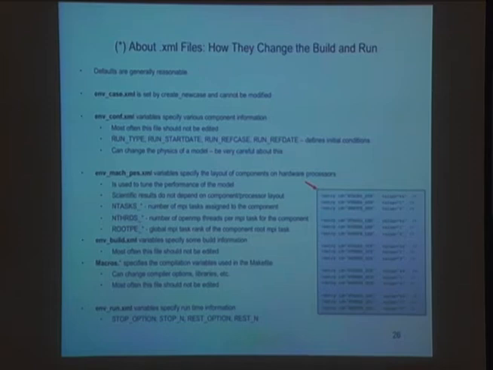Or hypothetically, you could make radical changes to the source code, and you'll have to spin it up for 20 years or 100 years or whatever, depending what you did. Anyway, env_conf is the variables you have to choose before you configure, and here's some examples of the variables in there. Is it year 1, 1850?